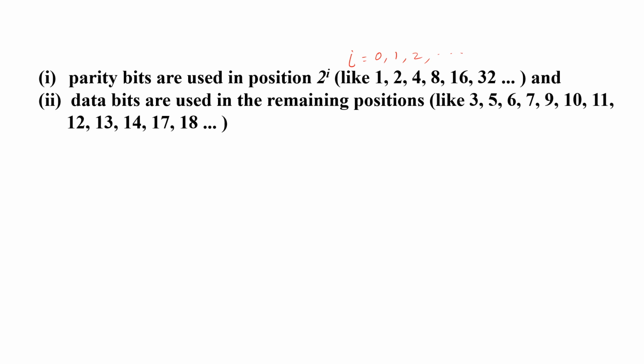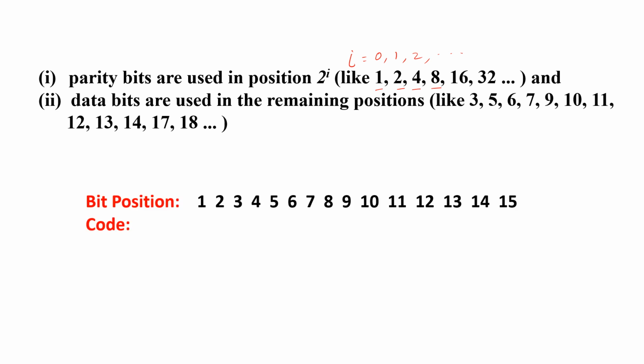So 2 power 0 is 1, 2 power 1 is 2, 2 power 2 is 4, 2 power 3 is 8, and so on. So in positions 1, 2, 4, 8, 16, 32, and so on, the parity bits are used. The data bits are used in the remaining positions, that is 3, 5, 6, 7, 9, and so on.